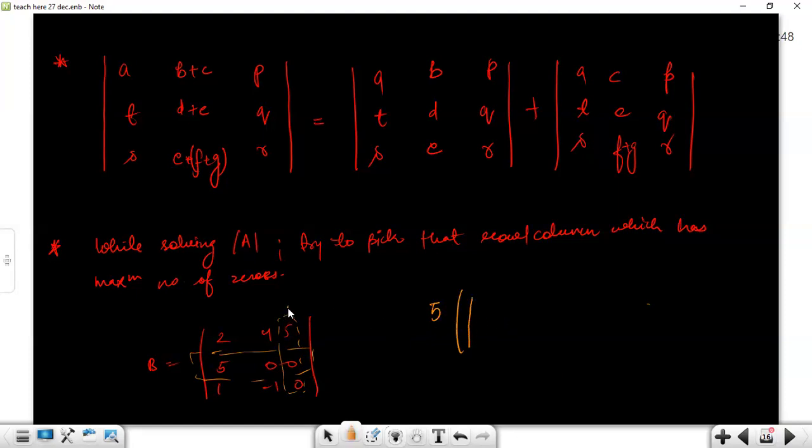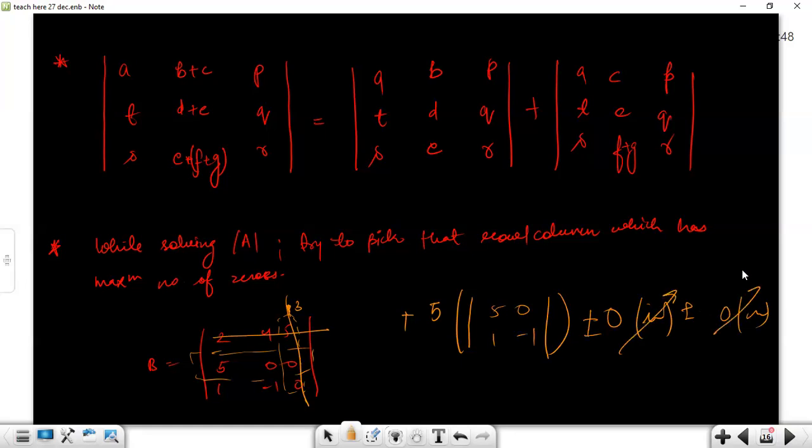Its position is first, third, so even, positive. Determinant of the remaining elements, excluding the row and the column, 5, 0, 1, minus 1, plus or minus whatever, 0 into something, plus minus 0 into something.